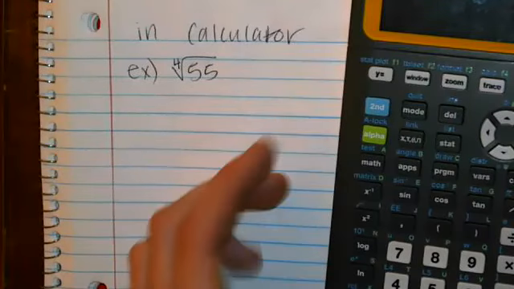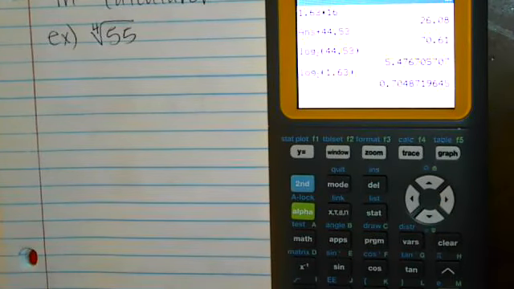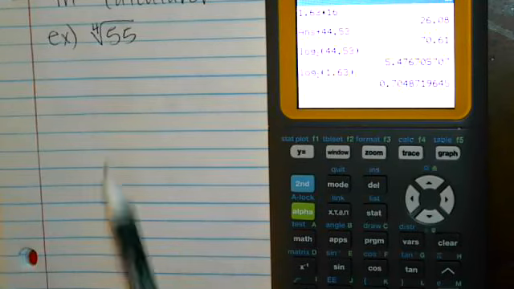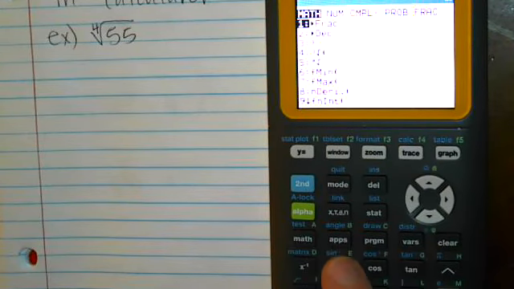I'm going to do it on my calculator, and you're not really going to be able to see it. To put in the fourth root of 55, I like to put in a 4 first, because that's the kind of root it is, and then go to the math button.